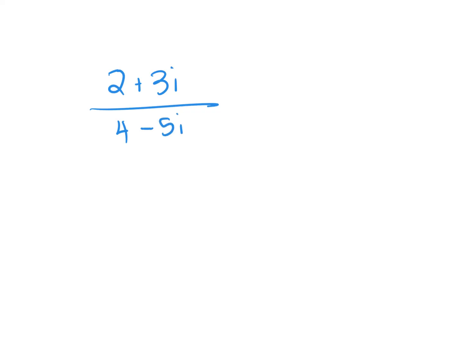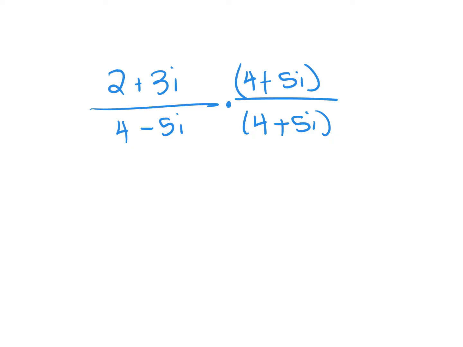All right. Now I want to divide this, but there's no nice way to do this. So what we end up doing is we multiply the top and the bottom of this fraction by the conjugate of the bottom. Should be 4 plus 5i, the conjugate. You have to change the sign.